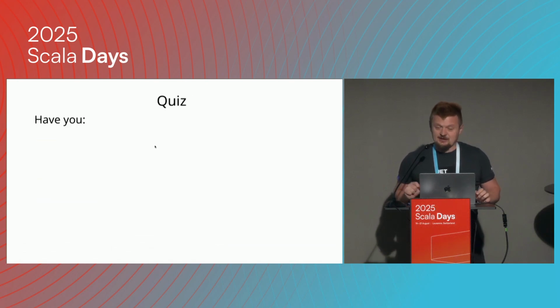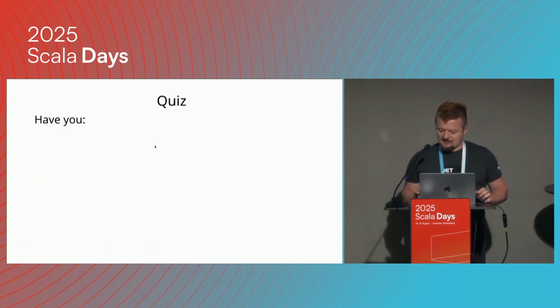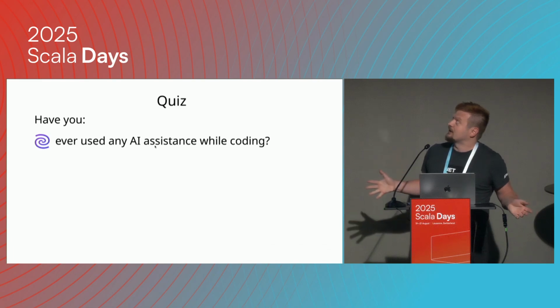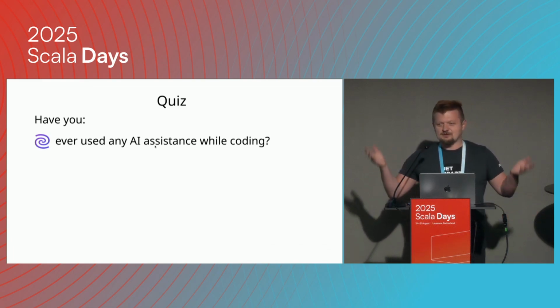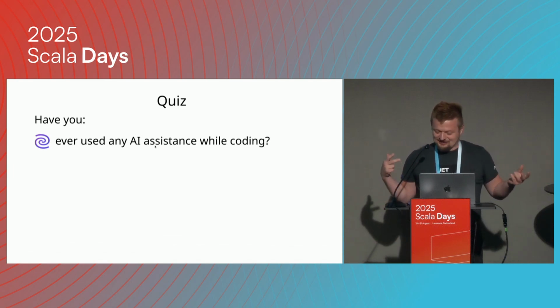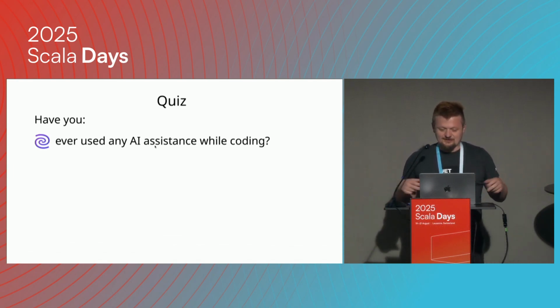But first, let me just make some quiz and show of hands. Please raise your hand if you ever used any AI assistance, any tooling while coding. Okay, everyone. So I don't have to tell you, because I don't only consider that about IDE, but also platforms like Mistral or ChatGPT.